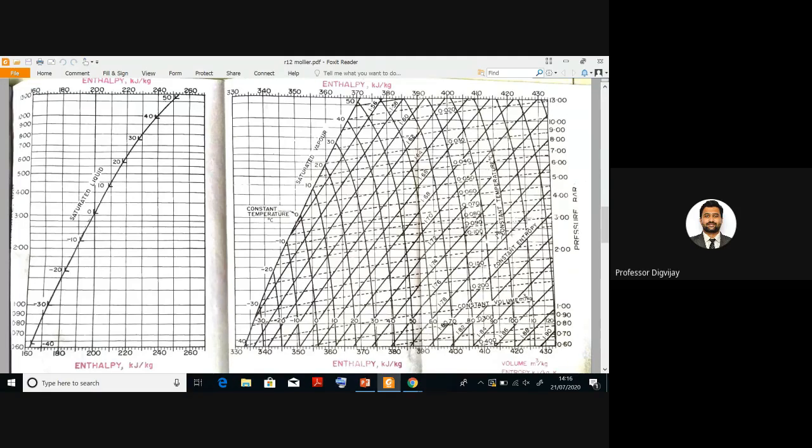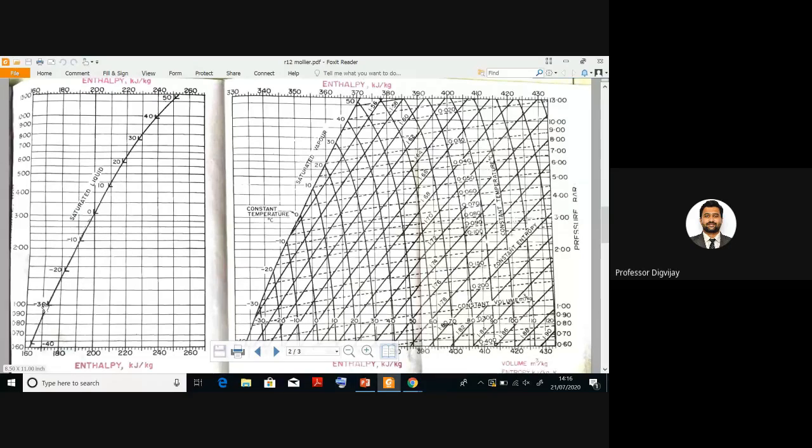If I take R12 at 1 bar, its saturation temperature is minus 30, and enthalpy is between 160 and 180. You can take it as approximately 170.